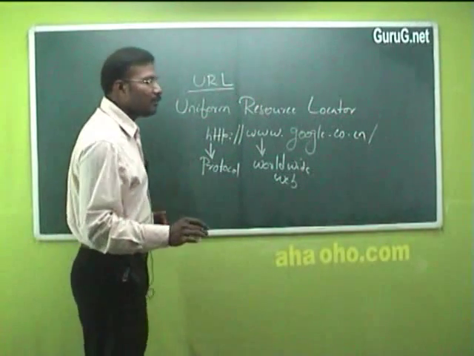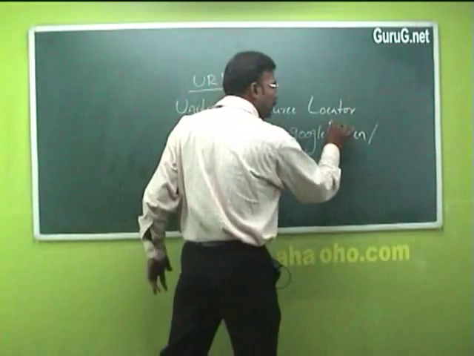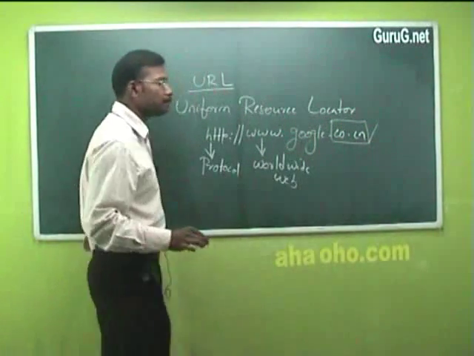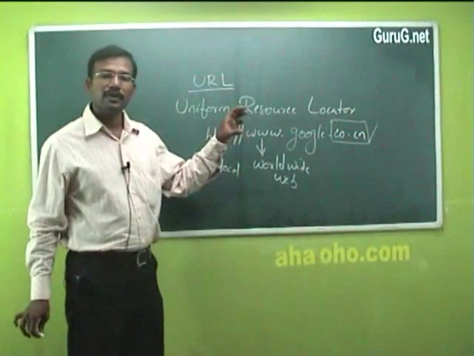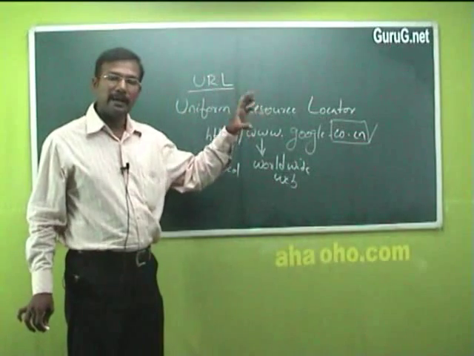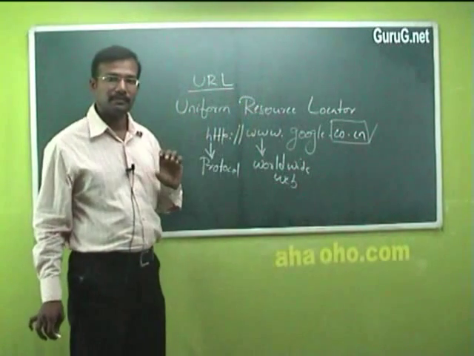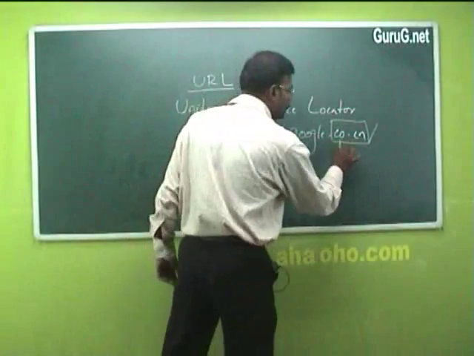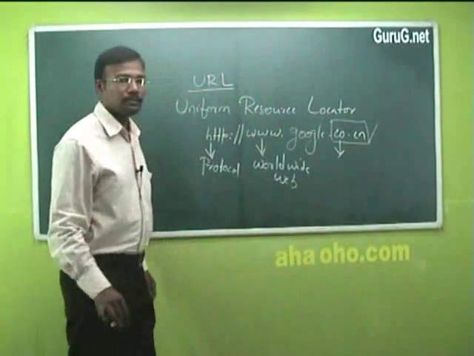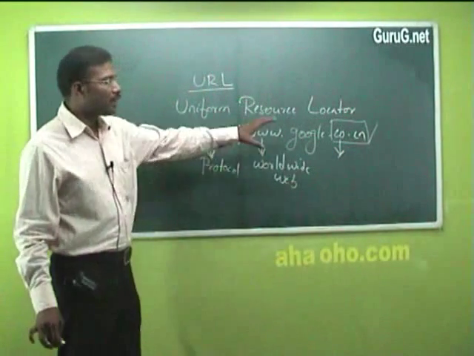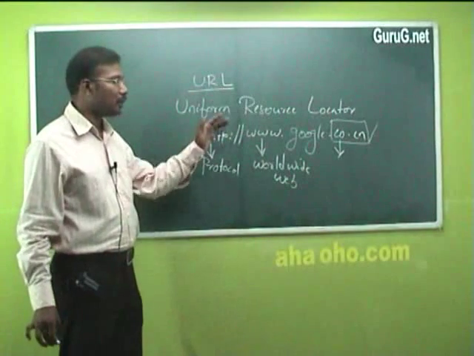Now, this is very important. This will give you the domain type and country name. First is co. This is the recent version of Google.